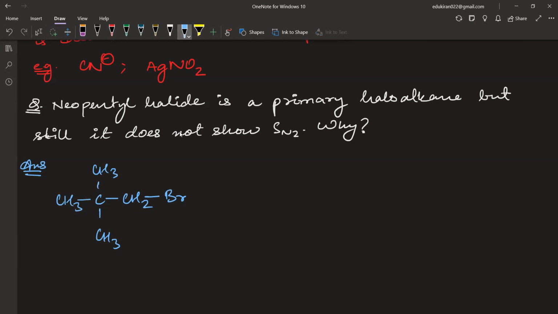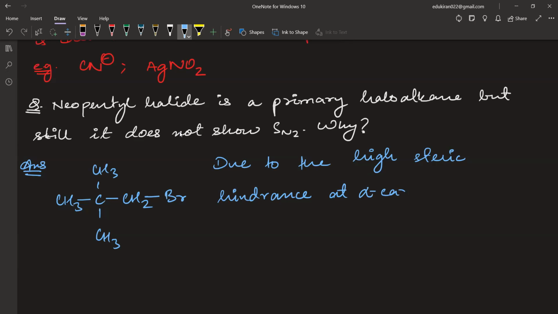So right, because due to the high steric hindrance at alpha carbon. Okay, what is alpha carbon? This is your alpha carbon, the carbon which is directly connected to the halogen. This is alpha carbon, and this alpha carbon has a very big group, right? It has a very big group of how many carbons? 4 carbons.